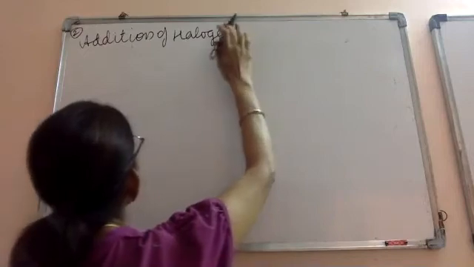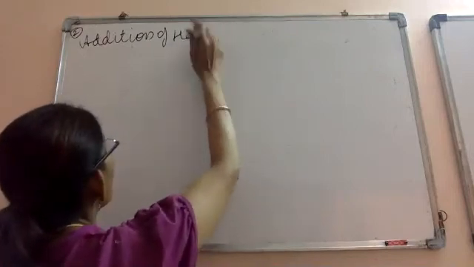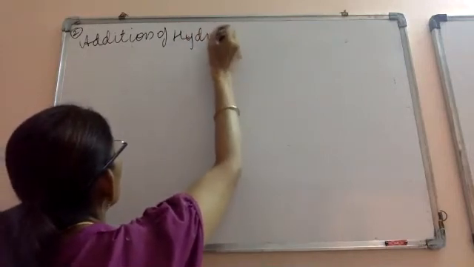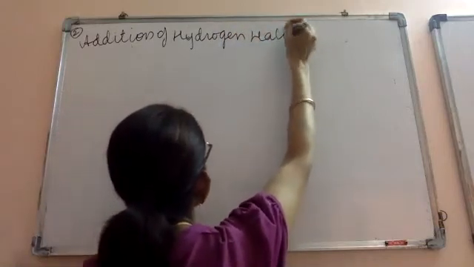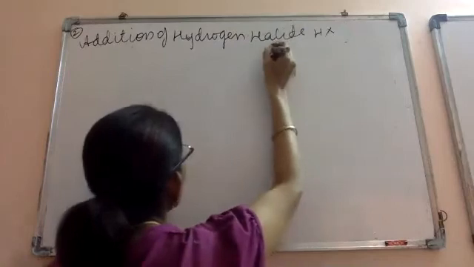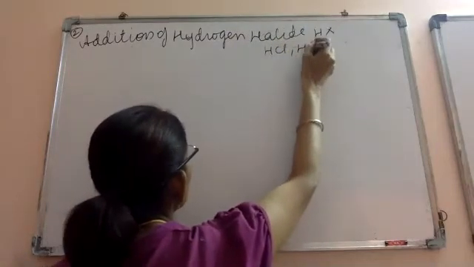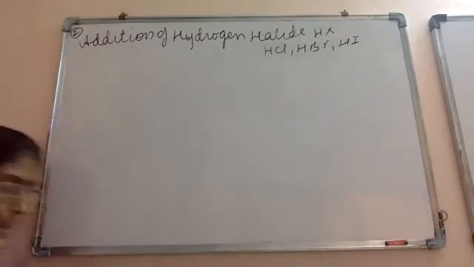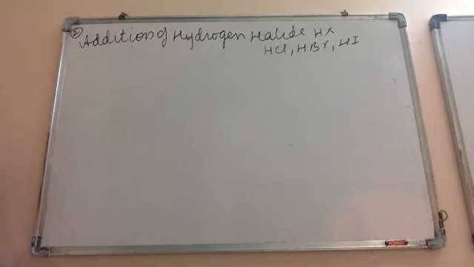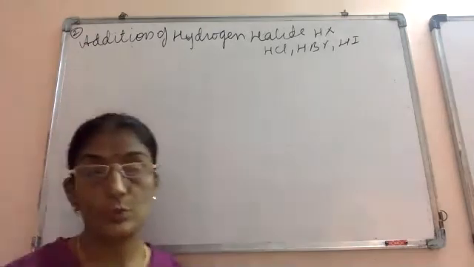Addition of hydrogen halide, that is HX, meaning HCl, HBr, HI, their addition. The addition takes place according to Markovnikov rule.